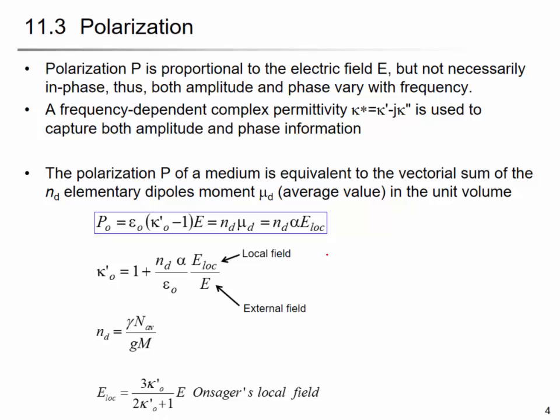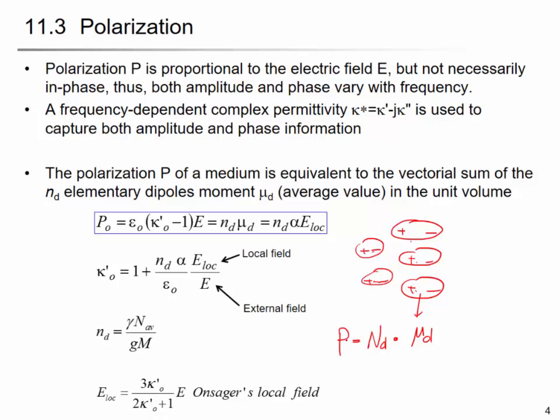So polarization can be expressed with this vectorial sum of the elementary dipoles. So polarization is like if you have a material like this, and each dipole will have the dipole moment of mu d, and the number of dipoles is the small n d. So polarization P is n sub d times mu d, like this equation.